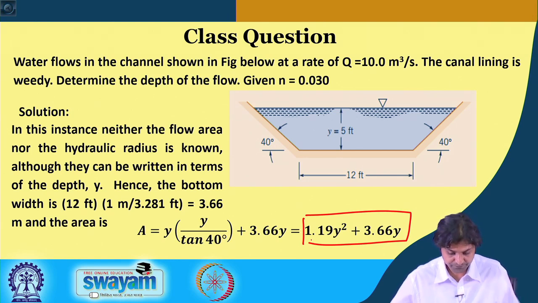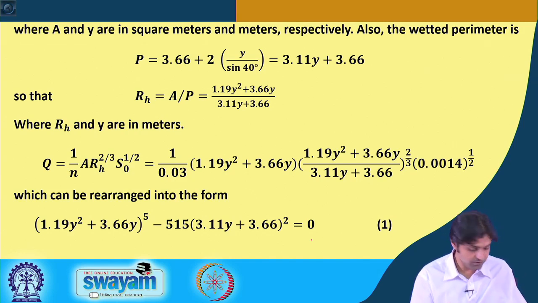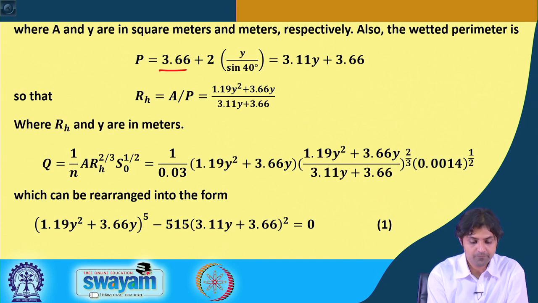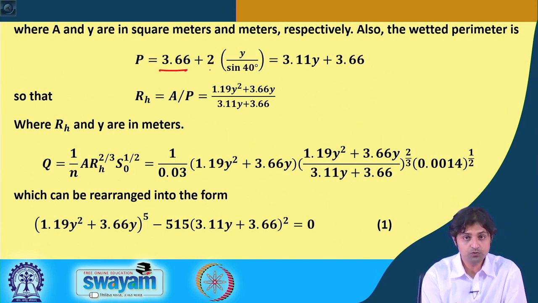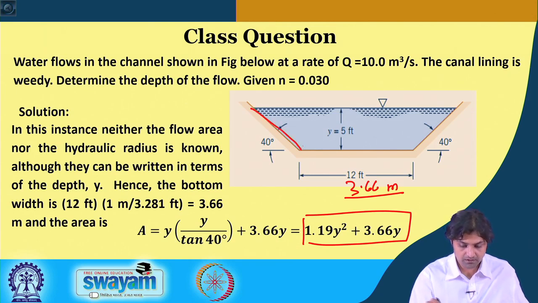All right. We have assumed it in terms of meters. The perimeter: this length is already known, 3.66, plus 2 multiplied by, because this is 1 and plus 1, if this is y, this is going to be y by sin 40.